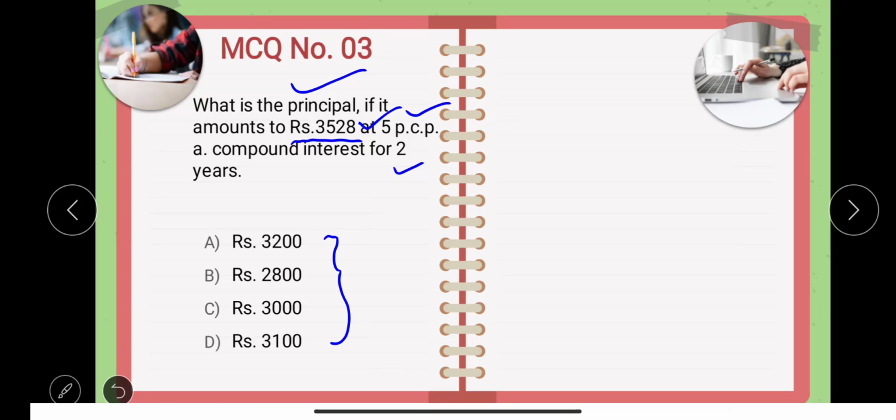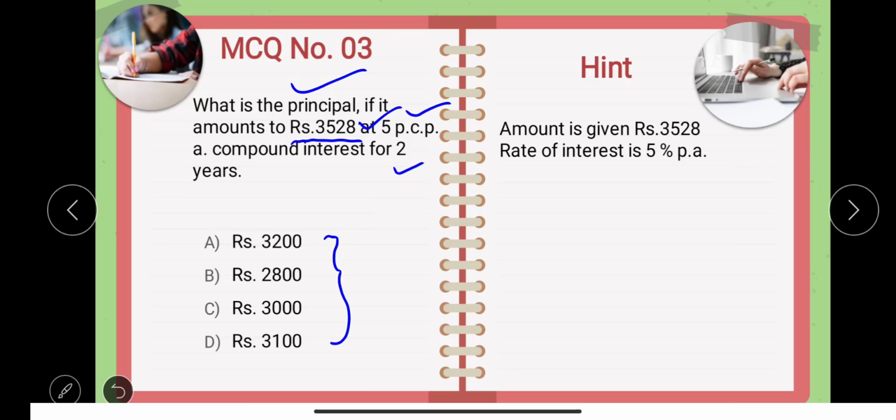I will give you a hint here on how to solve this example. The amount is given as rupees 3528, the rate of interest is 5% per annum, and the period is 2 years.